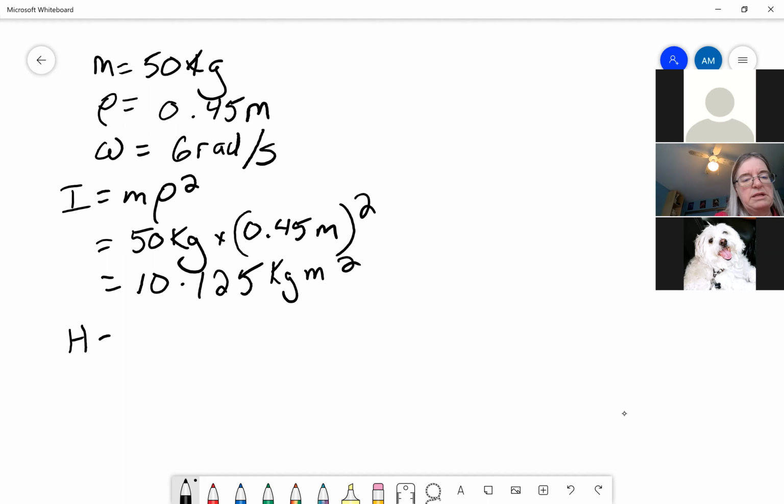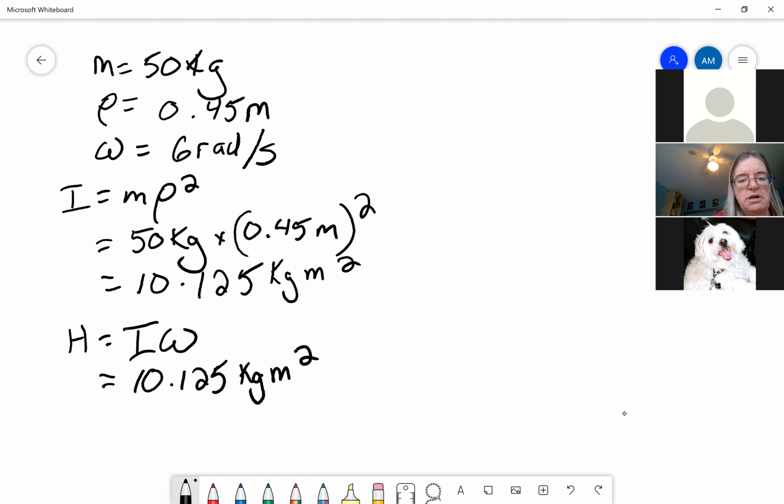And angular momentum equals I times angular velocity, which is going to equal 10.125 kilogram meters squared times 6 radians per second. And let's just remind people, this is chapter 14, introductory problem 9.